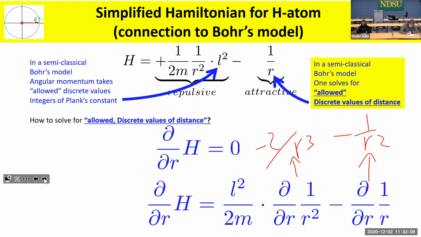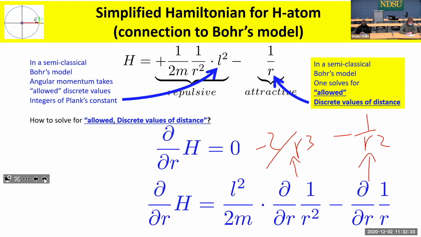What happens if one takes the derivative of x to the power n? Does the power increase or decrease? Decreases. Okay, so if it is r to the power -2, it will be -3. If it was -1, it will become -2, right? And there is a constant.